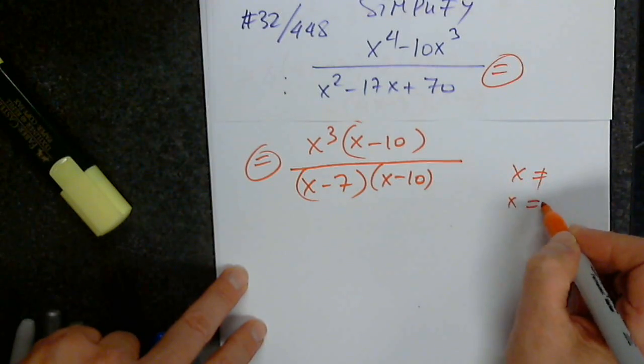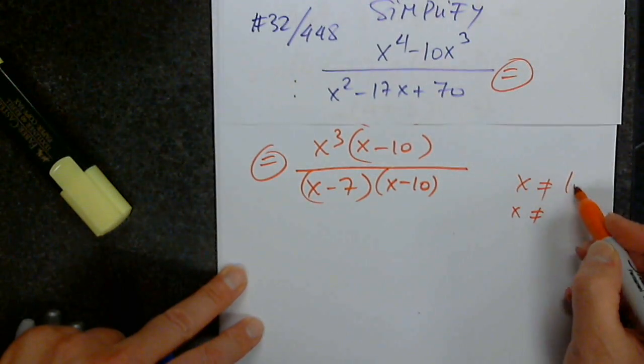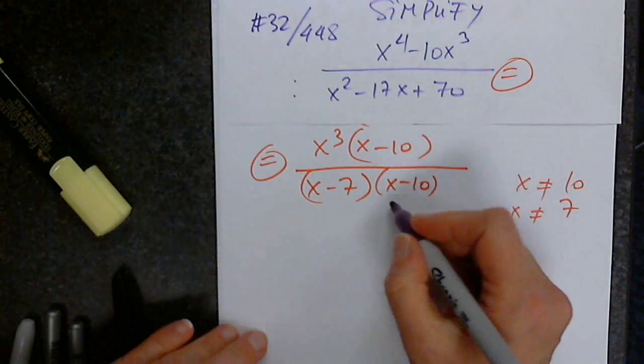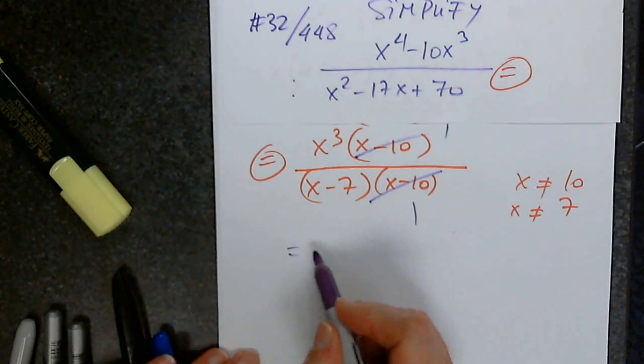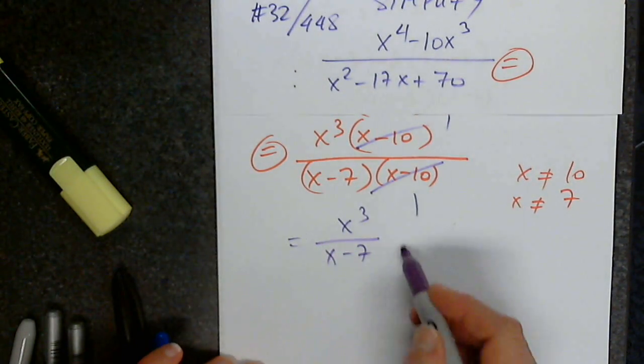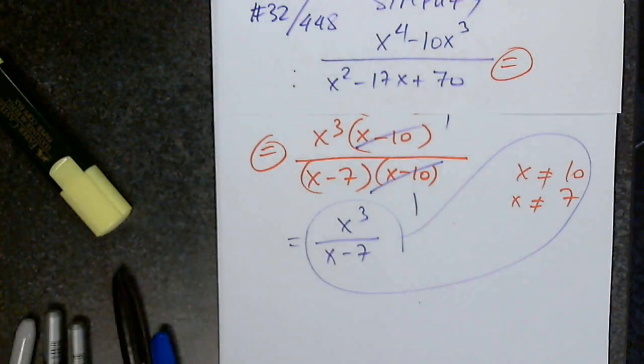Restrictions, please. That'll be 10 or 7. Can I get rid of anything? x minus 10. Simplified form: x to the third over x minus 7. Yes, you have to write the restrictions. Absolutely. Yes.